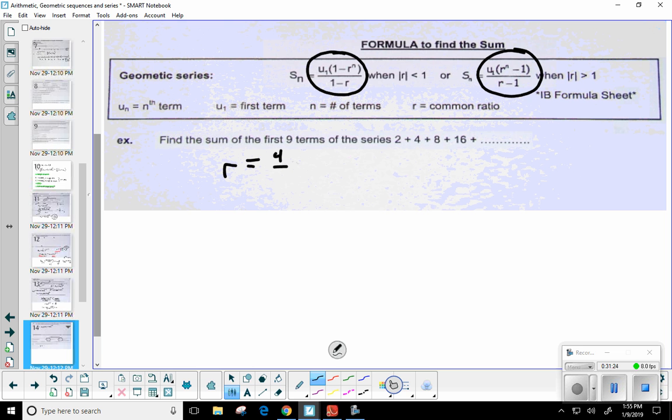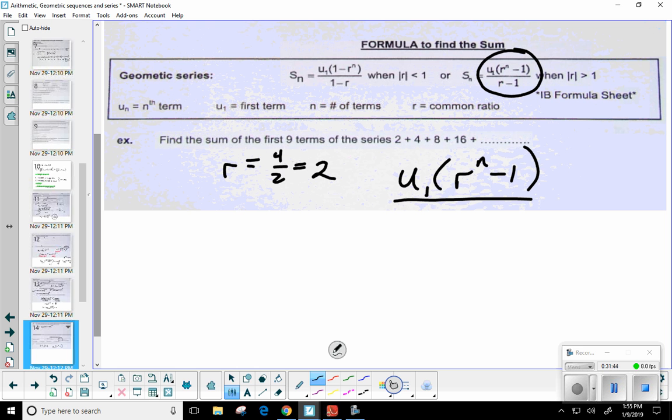So 4 divided by 2 will give me 2. 8 divided by 4, 16 divided by 8. So we're multiplying by 2 each and every time. So is it the first or the second formula? It is the second one. The absolute value of 2 is greater than 1. So we're going to have u sub 1 times r to the n minus 1, all over r minus 1.